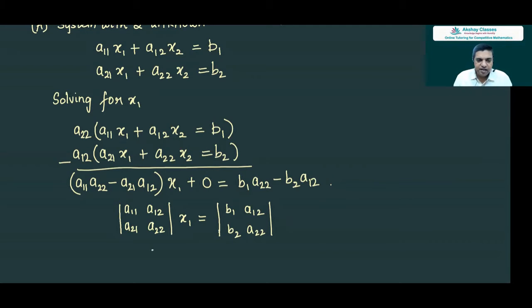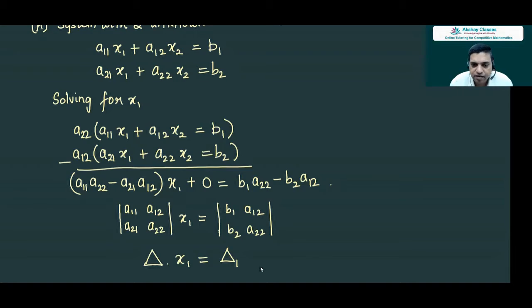So we will write this as delta, or sometimes you can write capital D for determinant. So delta into x1 is delta 1.